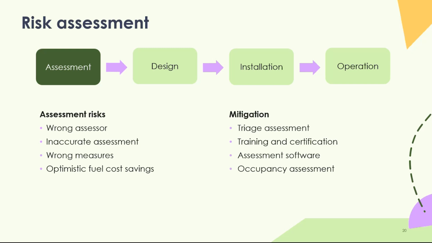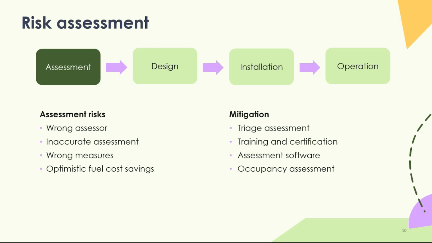Other things related to that are inaccurate assessments, so that could be anything in the dimensions, or the construction, or the services in a building as well. And that's quite obvious. So again, much like the wrong assessor, make sure that you've got the correct person there with the correct certification scheme, QA checks, and the correct software that cross-checks, measures, and costs, and that you're looking at triage assessment as a mitigation.